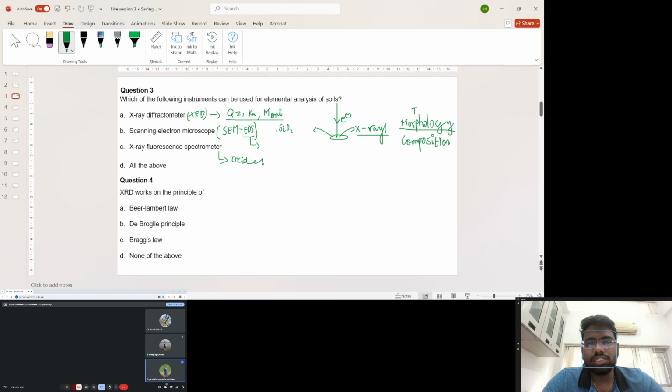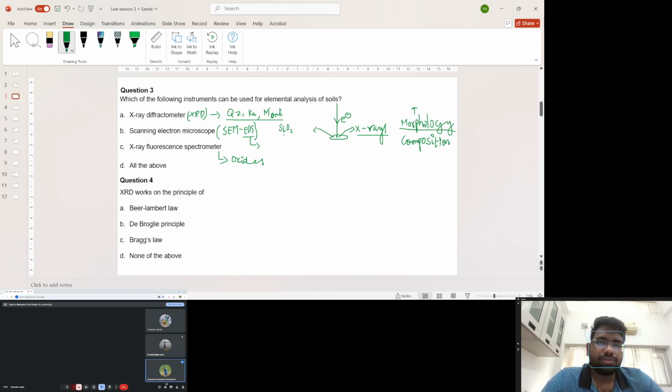It will say how much SiO2 is present. But X-ray fluorescence spectrometer will not give SiO2. It will give oxides of silica present this much, ferrous oxides present this much. Like that, it will quantify.